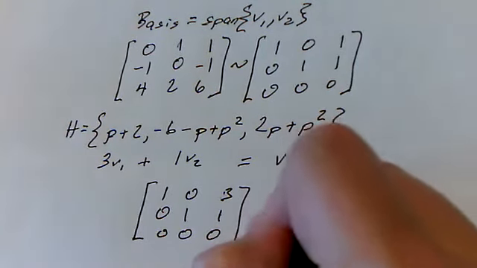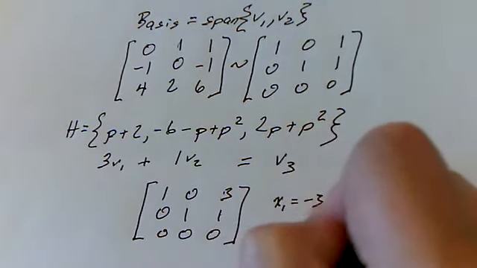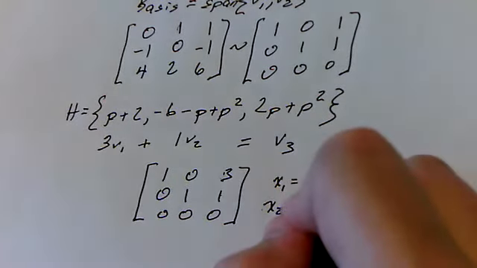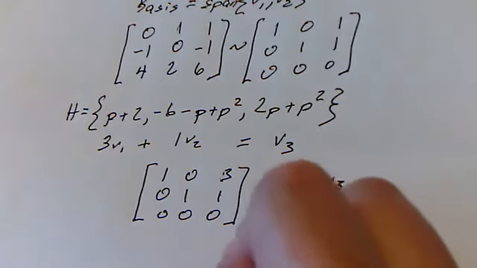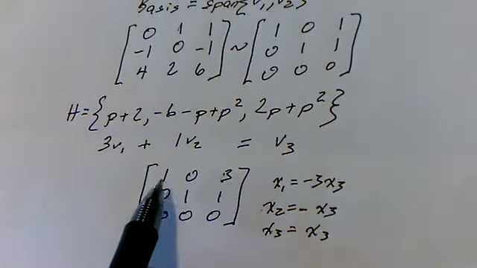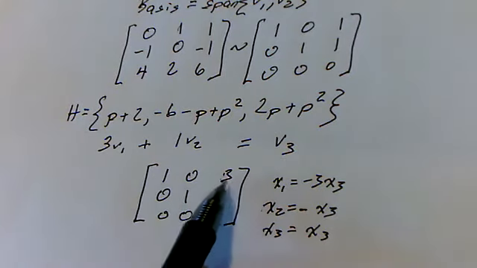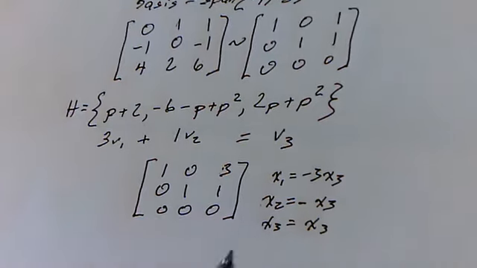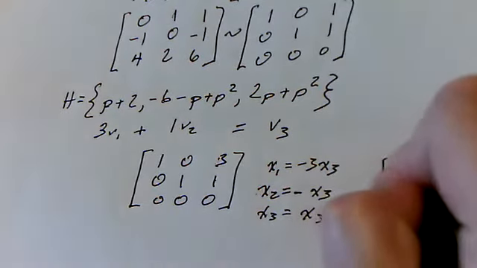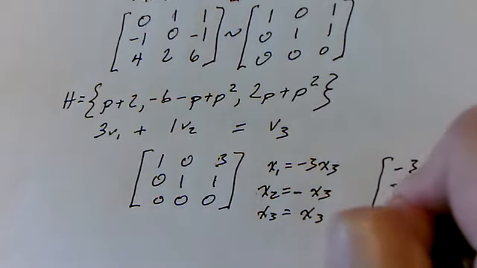I have that x1 is equal to -3x3, x2 is equal to -x3, and x3 is free. But remember what these correspond to, right? This top line is your p squareds, this middle line is your p's, and this bottom line is your constants. So my constant is what's free. So I have a vector here that would be -3, -1, 1.